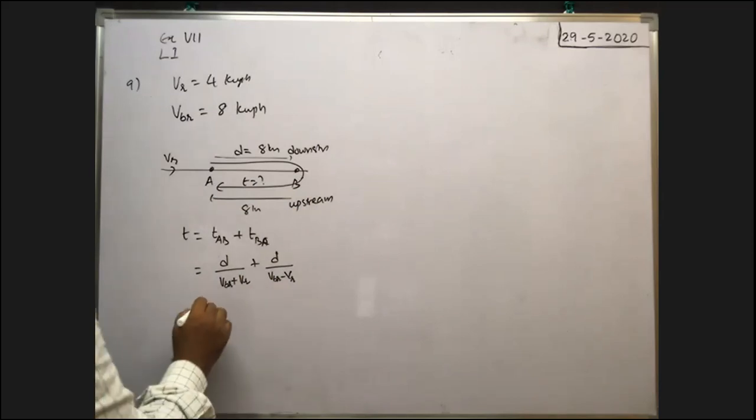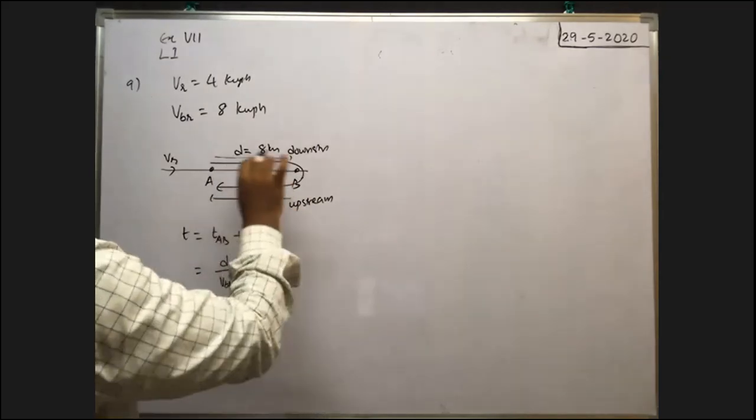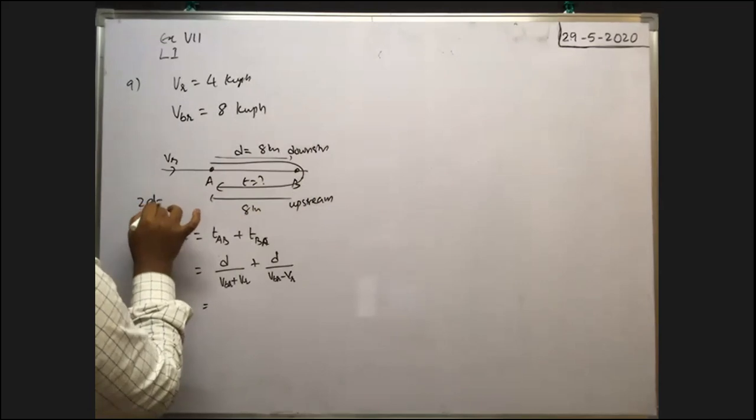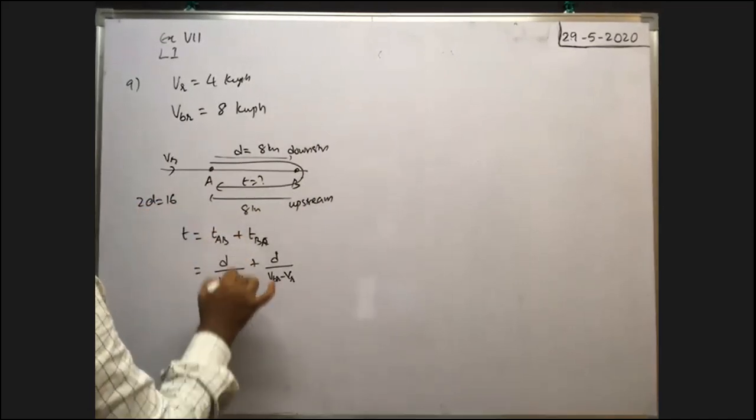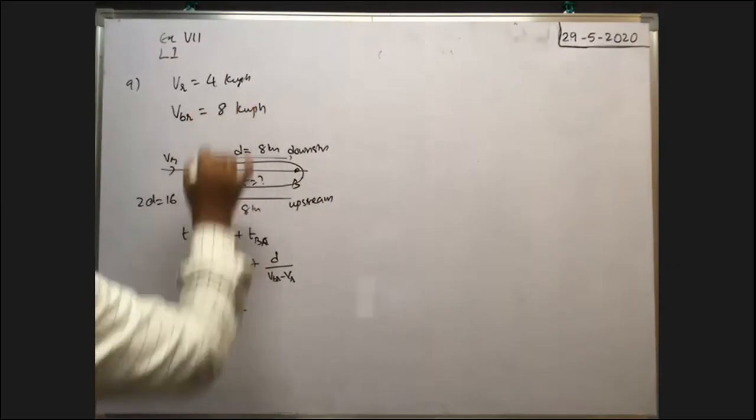Now we substitute the data. Here total distance is 16. That means 2D is equal to 16, given. Then D is equal to 8. That's why 8 by VBR plus VR, VBR plus VR means 12.